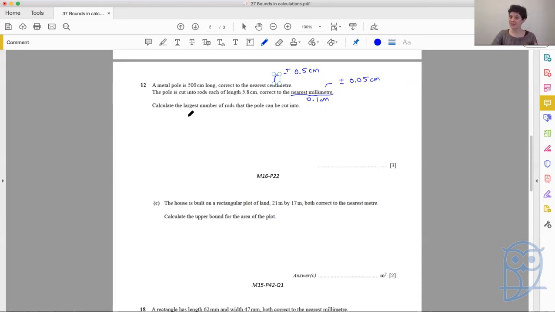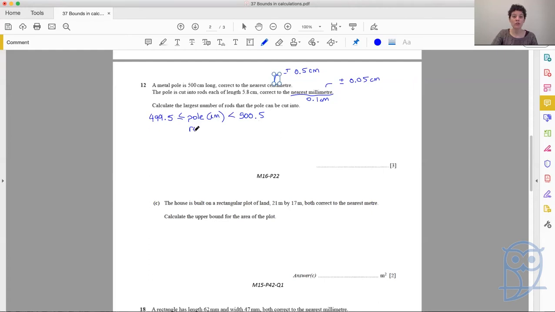So first off, we're going to state those bounds. So we have the pole in centimeters. 500 minus 0.5, 499.5. 500 plus 0.5, 500.5.